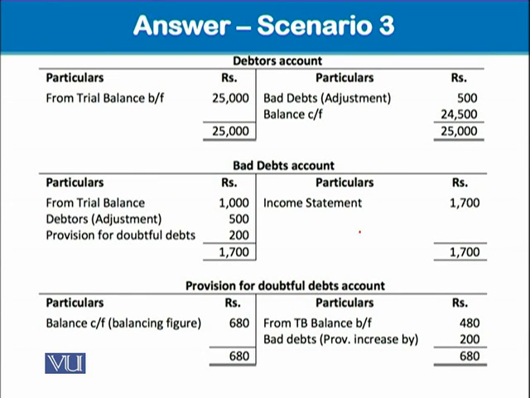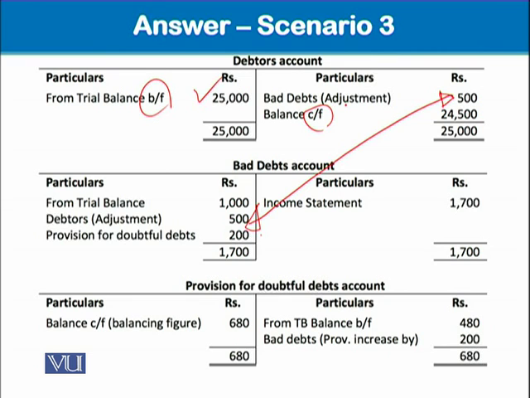And in scenario 3, again, we have opening balance of 25,000, coming from the trial balance, it will be put in the debit side of the debtors account. And this 500 is the further amount of bad debt. So credit debtors account, which will be leaving a carry forward balance of debtors account 24,500.